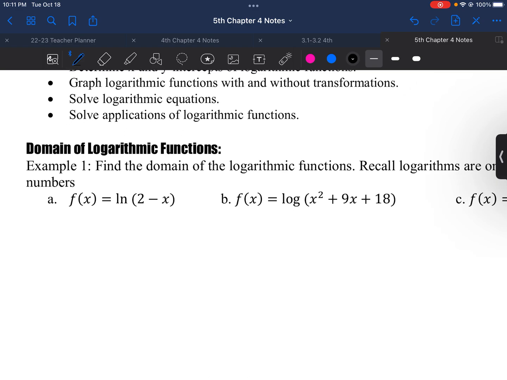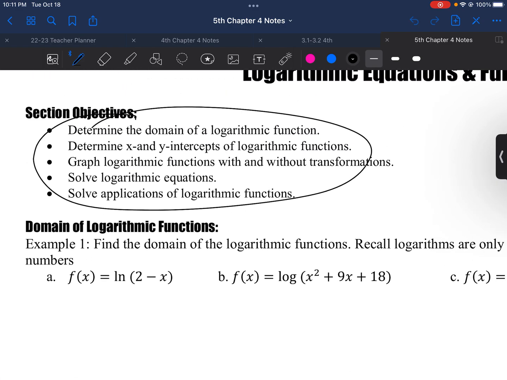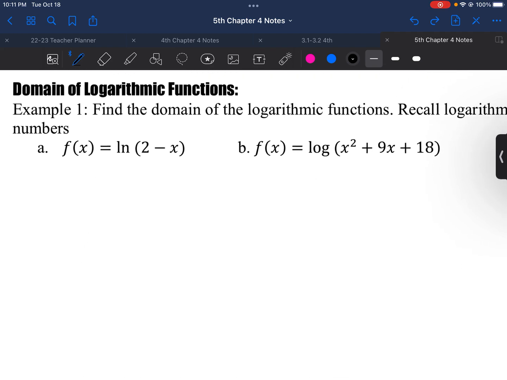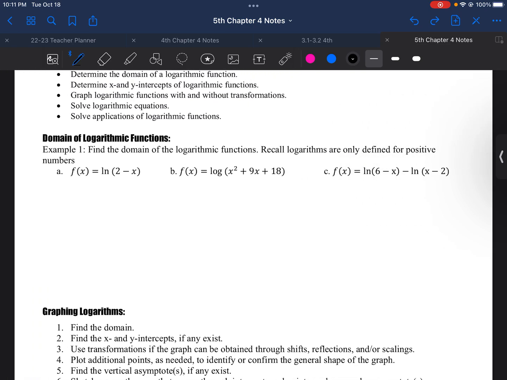The first thing we're going to talk about is domain of logarithmic functions. Here are your learning objectives. The thing about logarithms is that you cannot take a negative logarithm. Recall, logarithms are only defined for positive numbers.